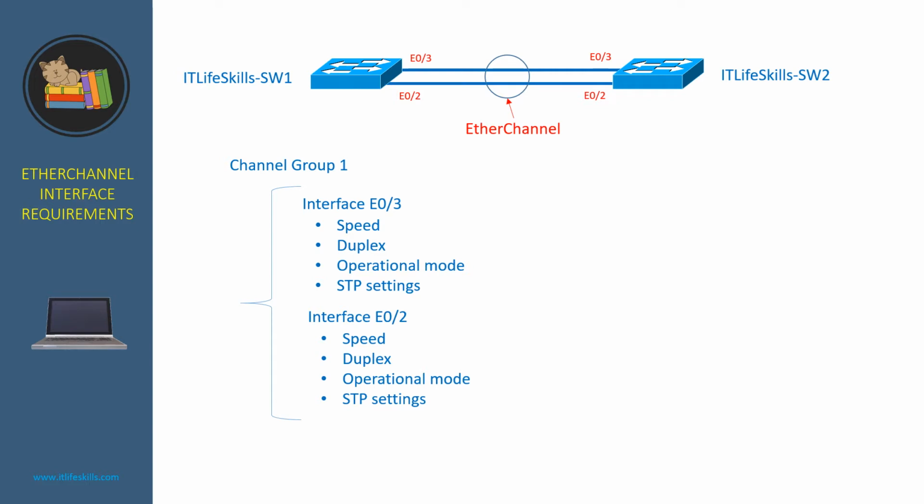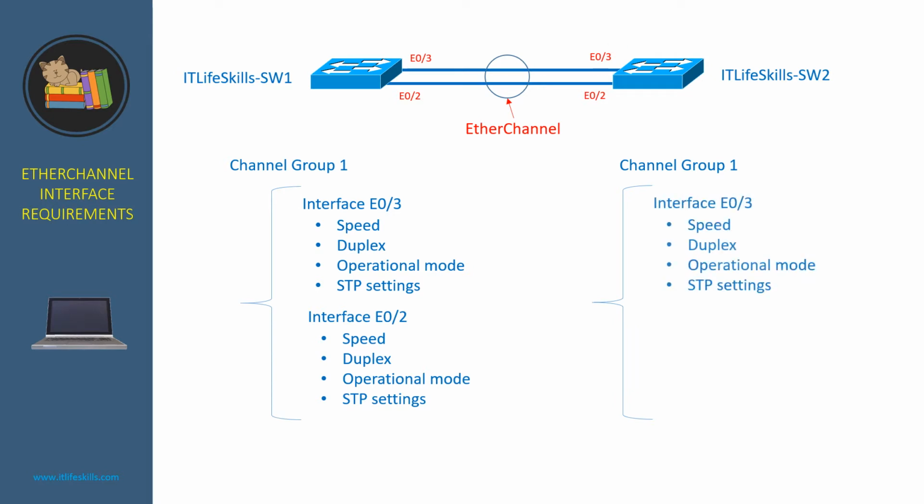Similarly, we configure an EtherChannel group 1 on IT Life Skill Switch 2 and make the interface E03 and E02 become the members of the group. Depending on our configuration, the two switches then use PAgP or LACP or use Cisco Discovery Protocol to check the settings of the interfaces on the neighboring switch.